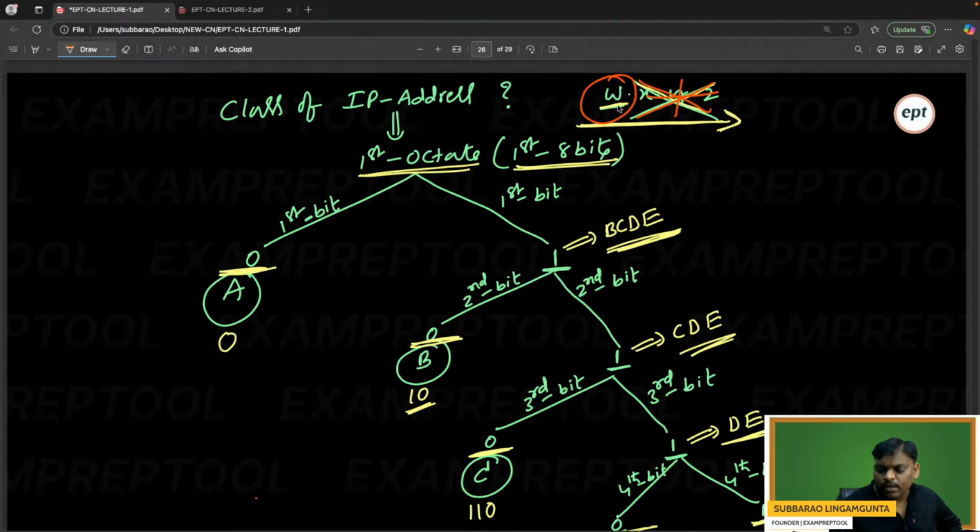In the first octet, if the first bit is 0, it is class A. If the first bit is 1, the answer is B, C, D, E. Next one, if the second bit is 0, B. If the second bit is 1, the answer is C, D, E.